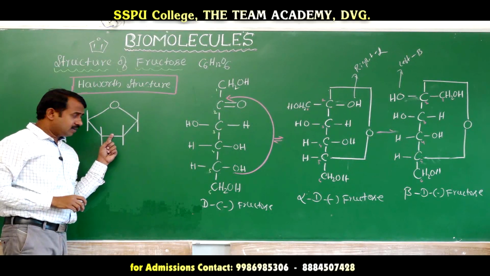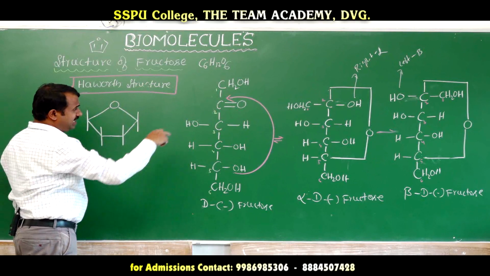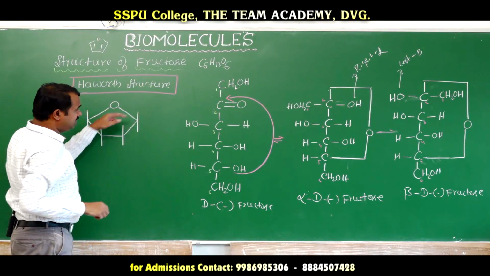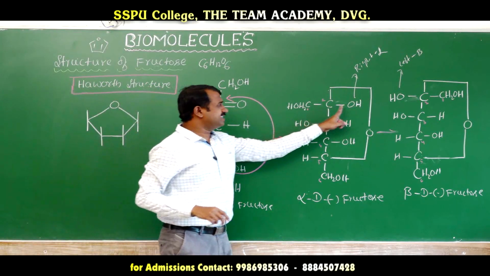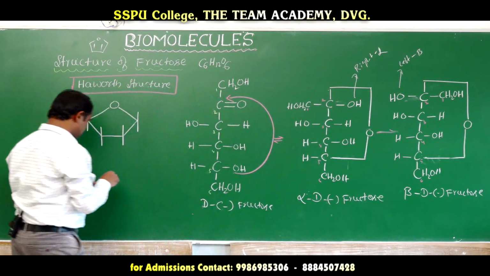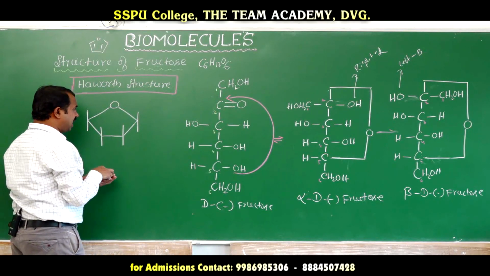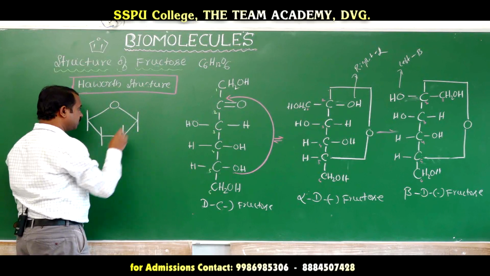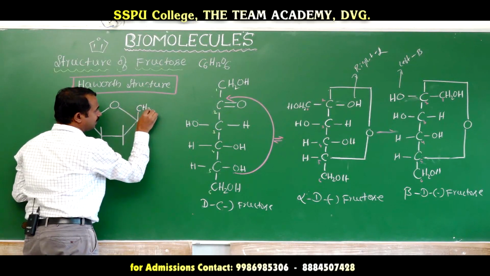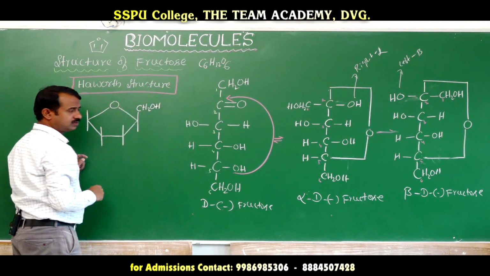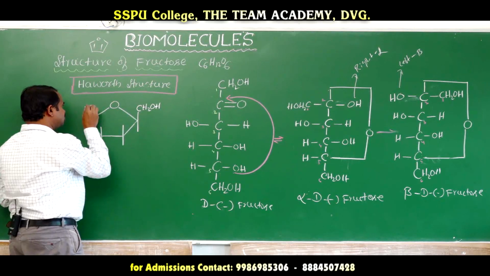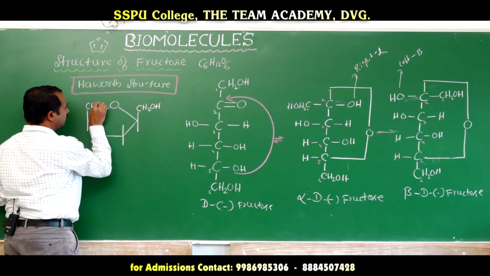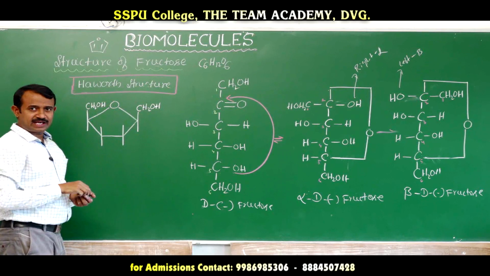When OH is there, this is coming to the alpha. Alpha means here coming to alpha. OH is on the C2 carbon. Numbering also. Here we have to write CH2OH, and here also CH2OH. Listen here.